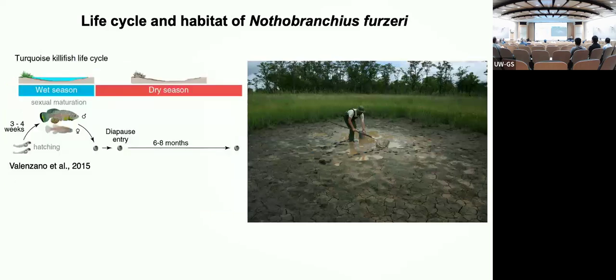The way they are able to survive this extreme condition is that the embryonic development of these animals can basically pause. It can pause for periods as long as 6 months and possibly even up to a year or longer.